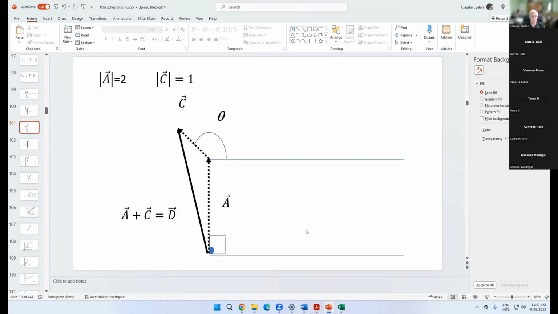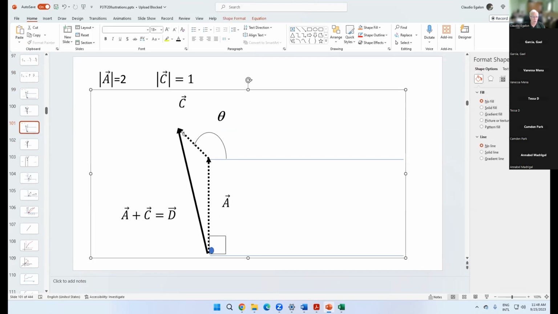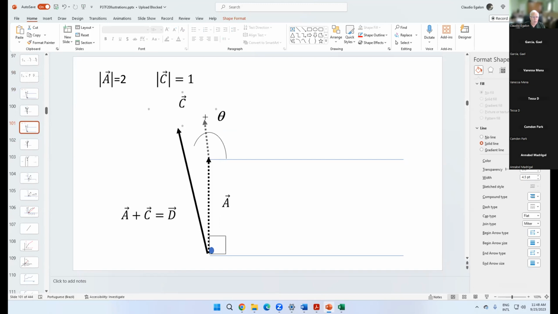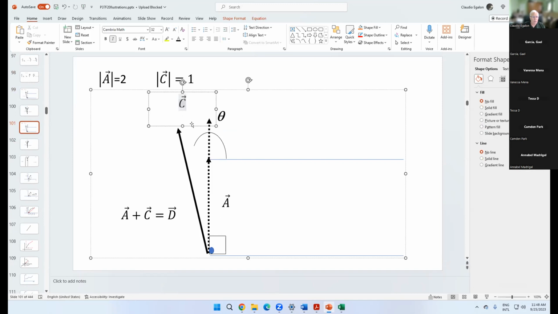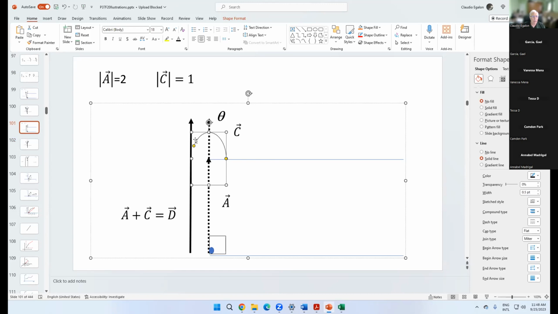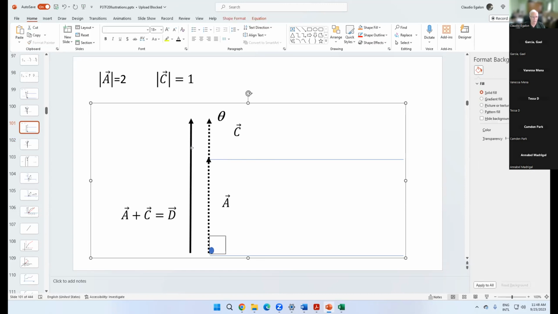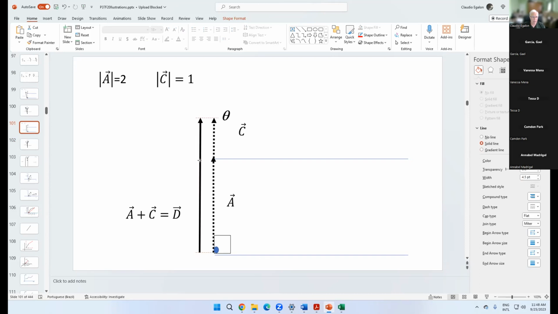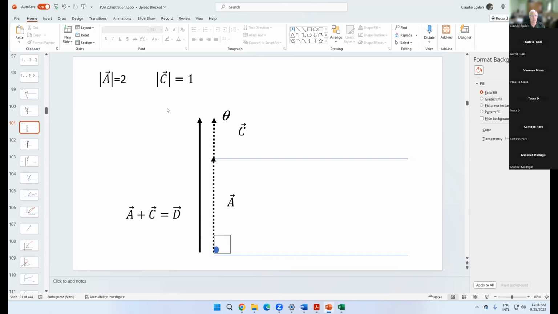The first special case is the one in which this vector, which is vector C, is lined up with vector A. Vector C is lined up with vector A. A is 2, C is 1.